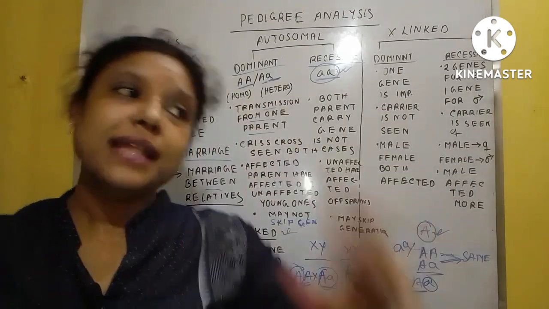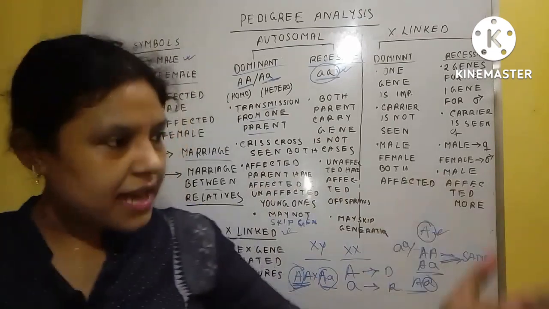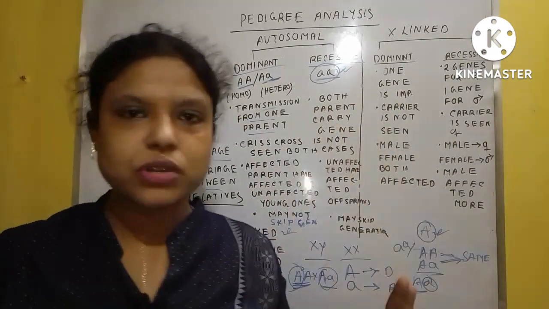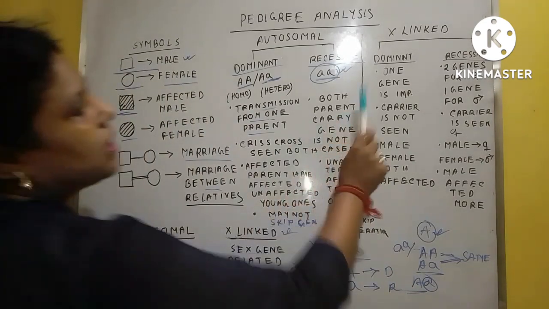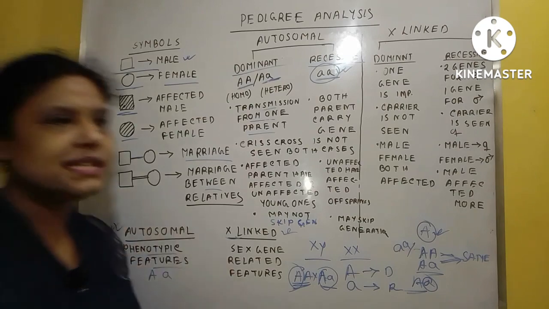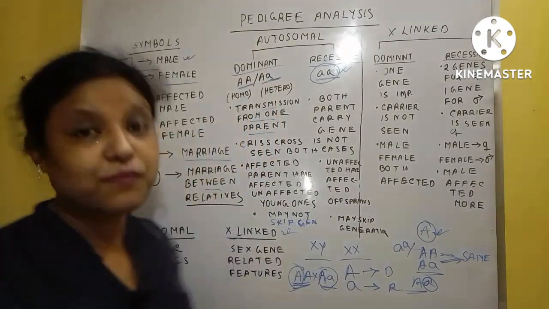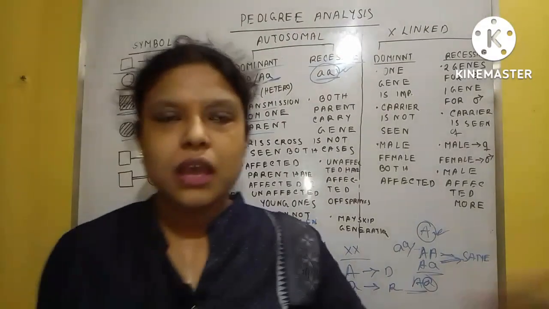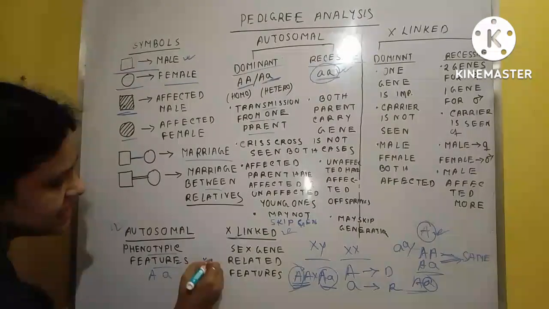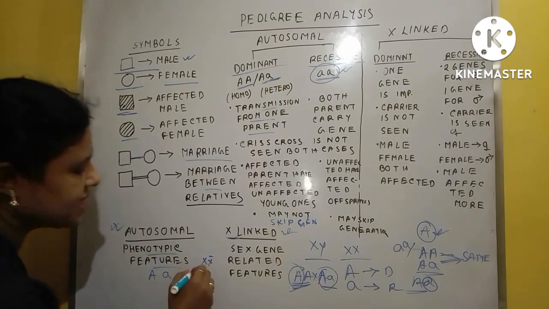One dominant gene is sufficient for creating the disease, and it needs no extra gene. One gene is very important. Second one, the carrier is not seen. Generally, in case of X-linked, a carrier is seen, obviously in females, because a male cannot act as a carrier. A female has XX, so one gene is diseased and the other is not, so she is a carrier.